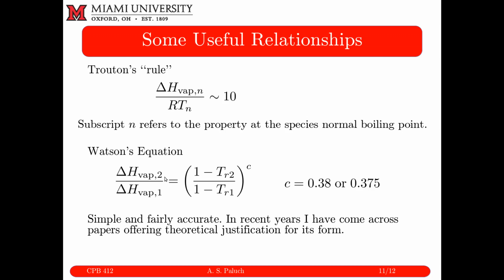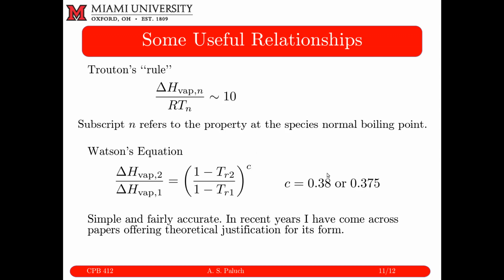Okay, so if we were to just call them temperatures, at saturation, enthalpy of vaporization at some temperature 2 relative to enthalpy of vaporization at some temperature 1 is equal to 1 minus the reduced temperature at state 2 divided by 1 minus the reduced temperature at state 1, raised to the constant C. Reduced temperature, remember, is T divided by Tc.